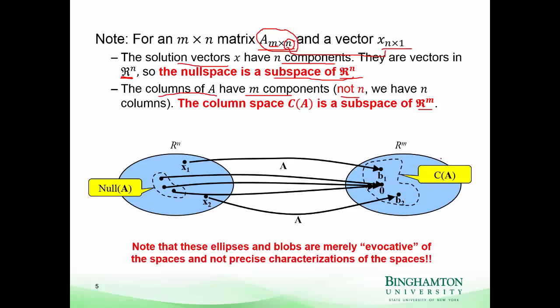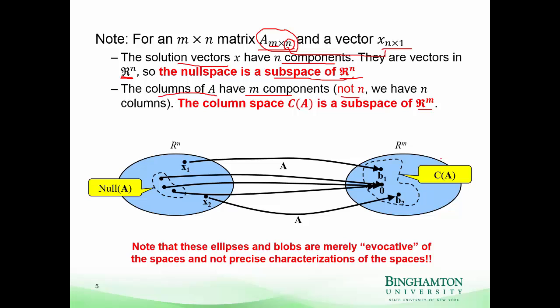And so here's one way I like to look at it. This picture is not out of the textbook. This is something out of my head. So let me explain it just a little bit here. But I do want to point out that I tend to use ellipses and blobs to illustrate high-dimensional vector spaces, even though we can't really draw them.